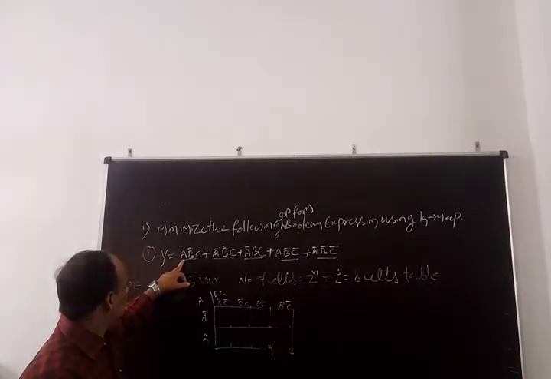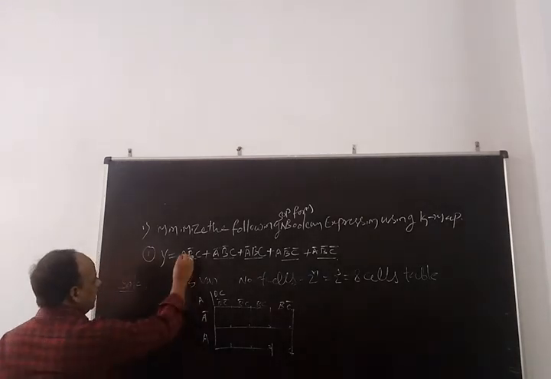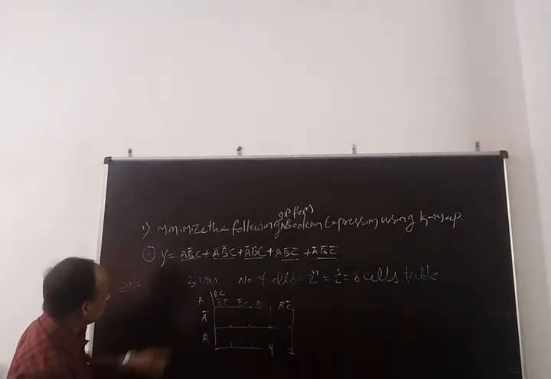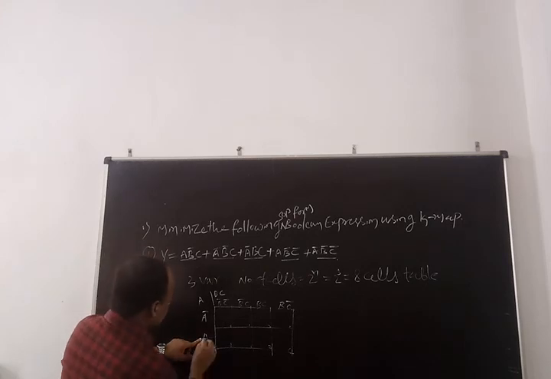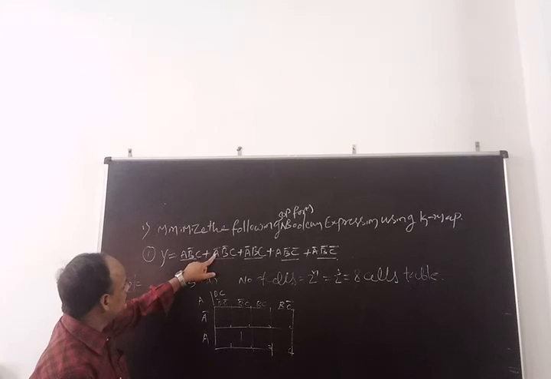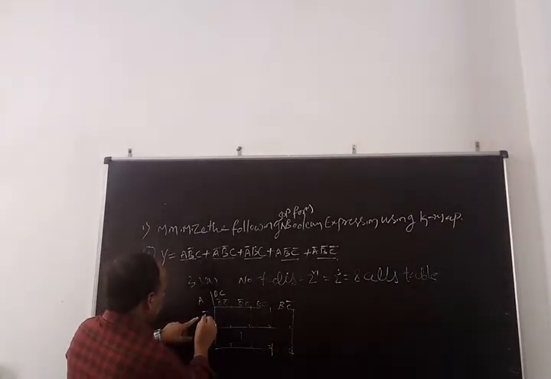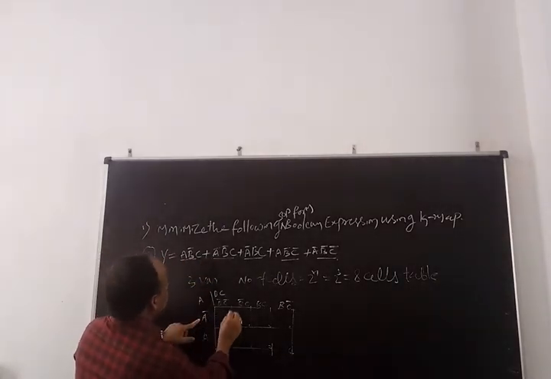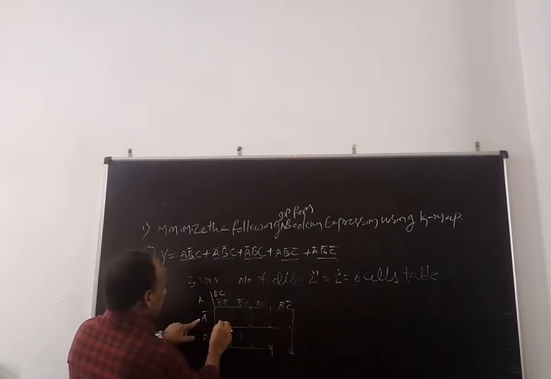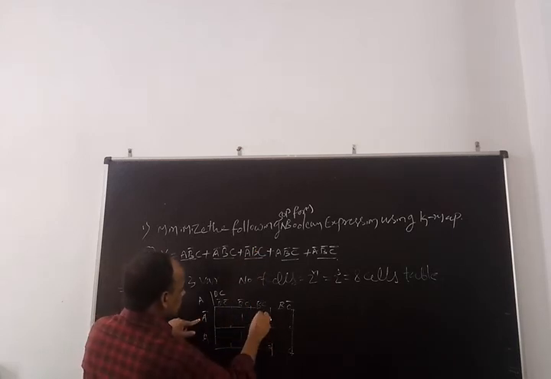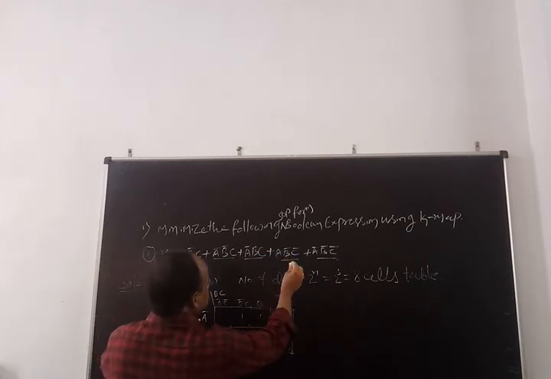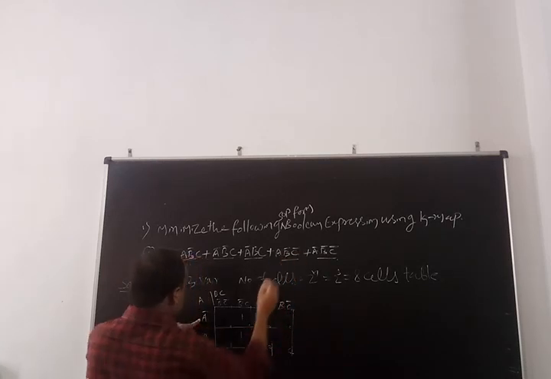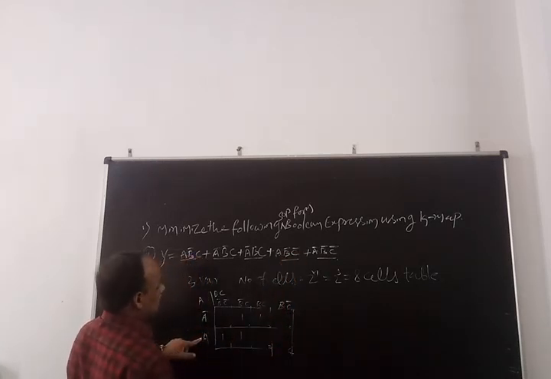Observe here, the first term is A B bar C, so where does it come? A B bar C. Next, A bar B bar C. Next, A bar B C. Next, A B bar C bar.